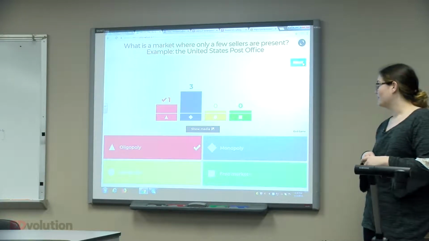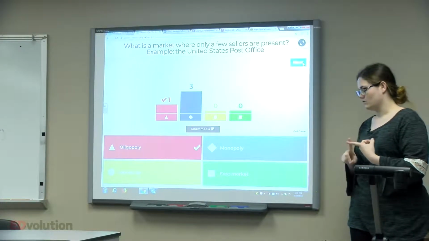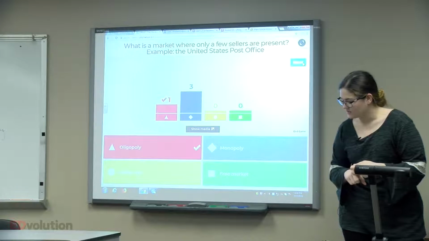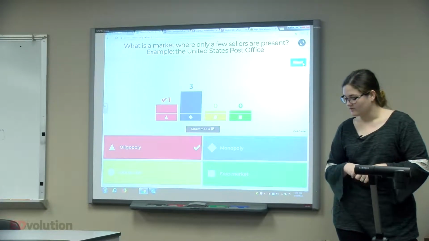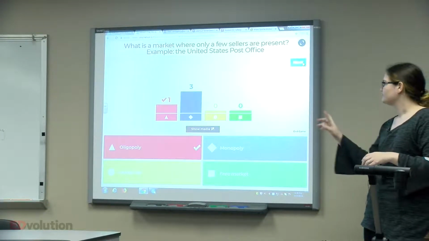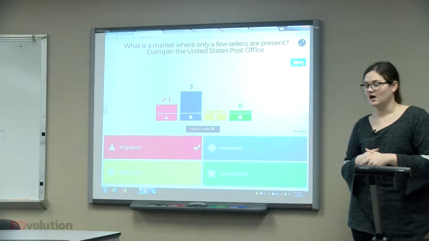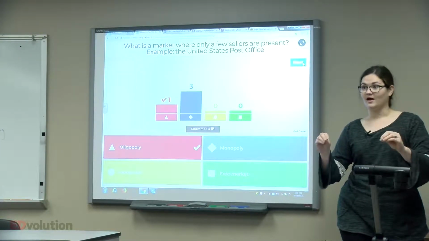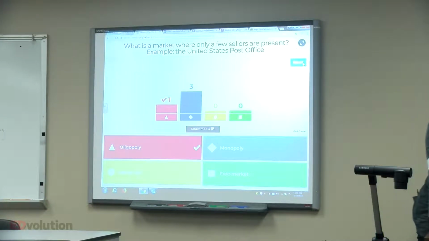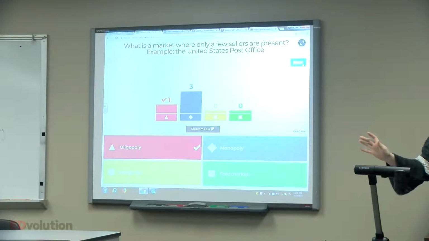A monopoly is when there's only one, and then a free market is unrestricted competition between privately owned businesses. So it is actually an oligopoly. I can't say that word. I want to say oligarchy, but that's a system of. Do we have any questions on that one, or does that make sense? Okay.